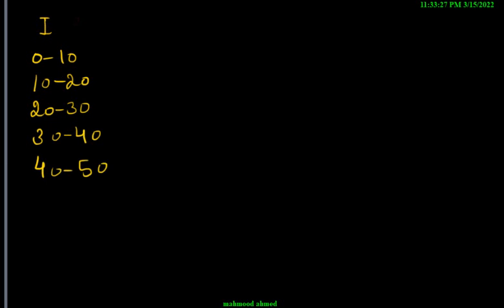I have copied the same data which is given in the question, and their frequencies 3, 4, 2, 7 and 6. These are the information we have from the question. Now we want to process this data for the mean, and we produce some more columns for this.